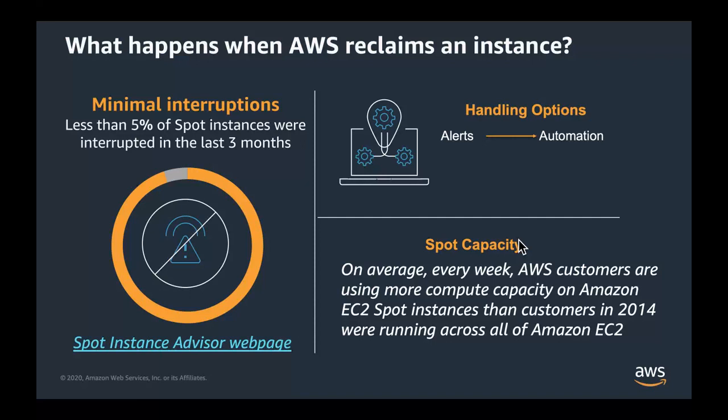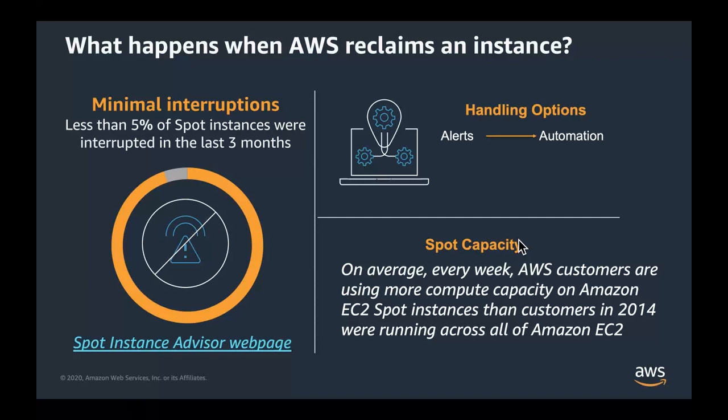There are different strategies you can take to handle interruptions, and we will cover those in more detail in the next section. Next, I want to highlight what is on the left side here: the fact that interruptions don't actually occur that often in practice. As you can see here, over 95% of spot instances were manually terminated by the customer in the last 3 months because they completed their workloads, versus AWS coming and having to reclaim that capacity.